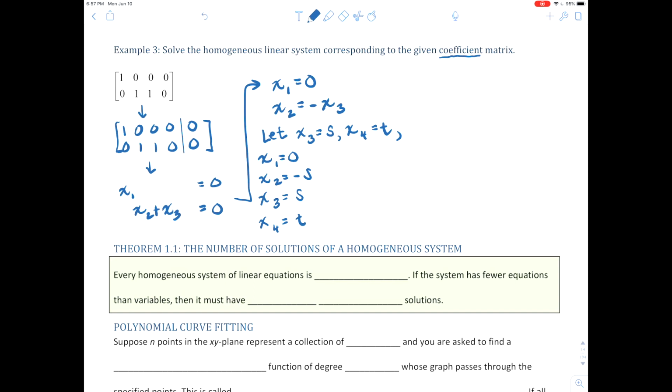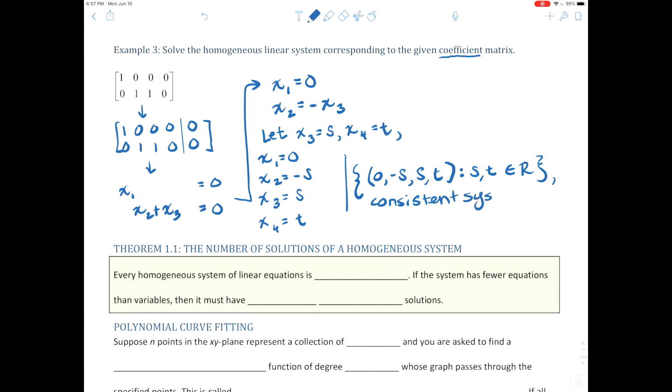So our solution would be this ordered four-tuple, which is 0, negative s, s, and t, such that, beautiful, s and t are elements of the real numbers. And this is a consistent system with awesome dependent equations.